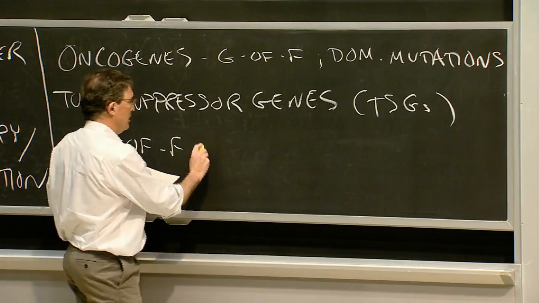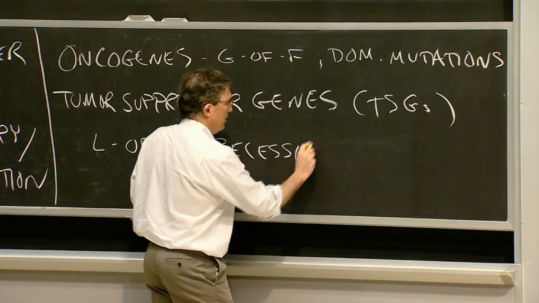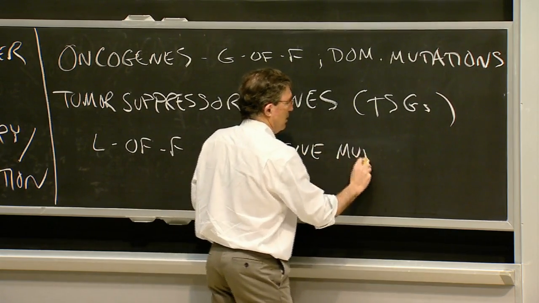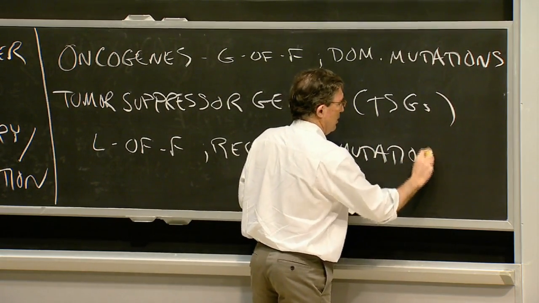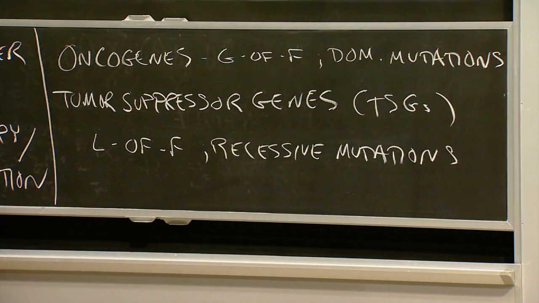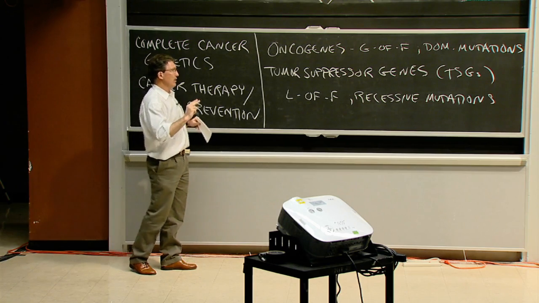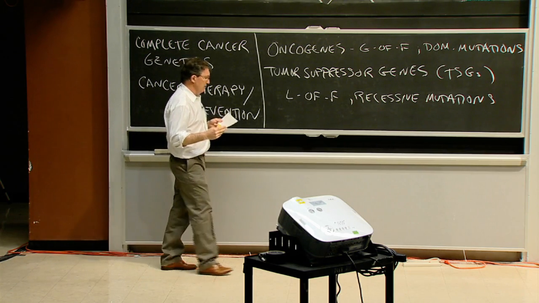Loss-of-function mutations. As such, these mutations are recessive. Recessive mutations at the cellular level. It's necessary to inactivate both copies of a tumor suppressor gene in order to give rise to a cell that's lacking that function altogether. And that's a cell that is on its way to becoming a cancer cell.